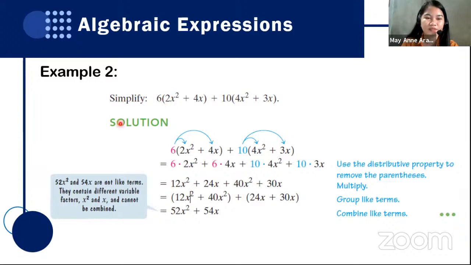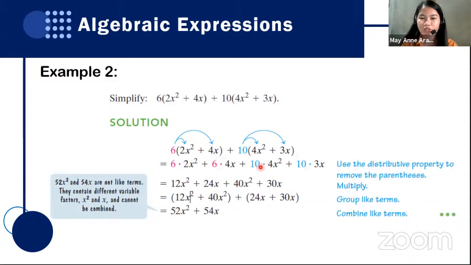Okay, example. Simplify 6 times the quantity of 2x squared plus 4x plus 10 times the quantity of 4x squared plus 3x. We need to apply here the distributive property since we have a constant outside the parentheses. Multiply 6 times 2x squared, that is 12x squared, and 6 times 4x, that is 24x, and distribute 10.